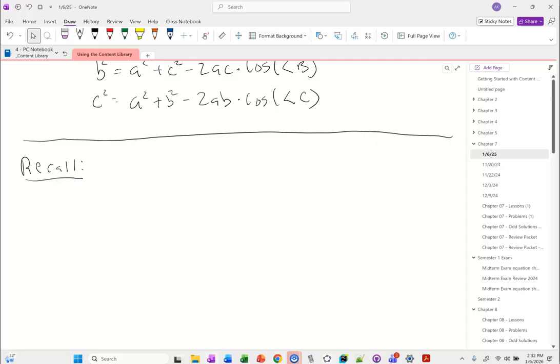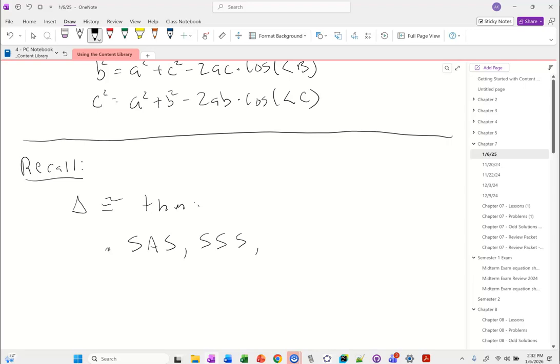Side angle side. Yeah. Does anybody remember another one? Side, side, side was another. Yes. SSA was not one. That was one of them that it's not.